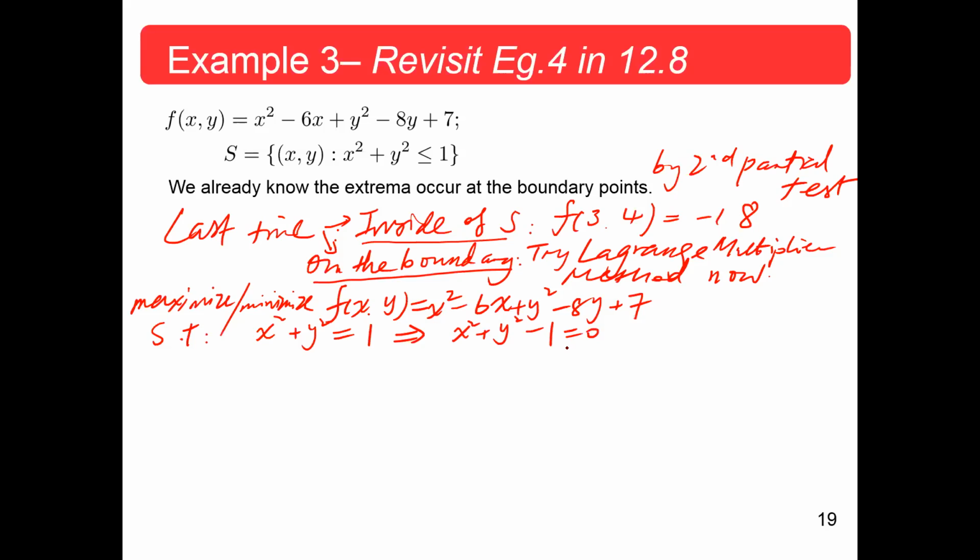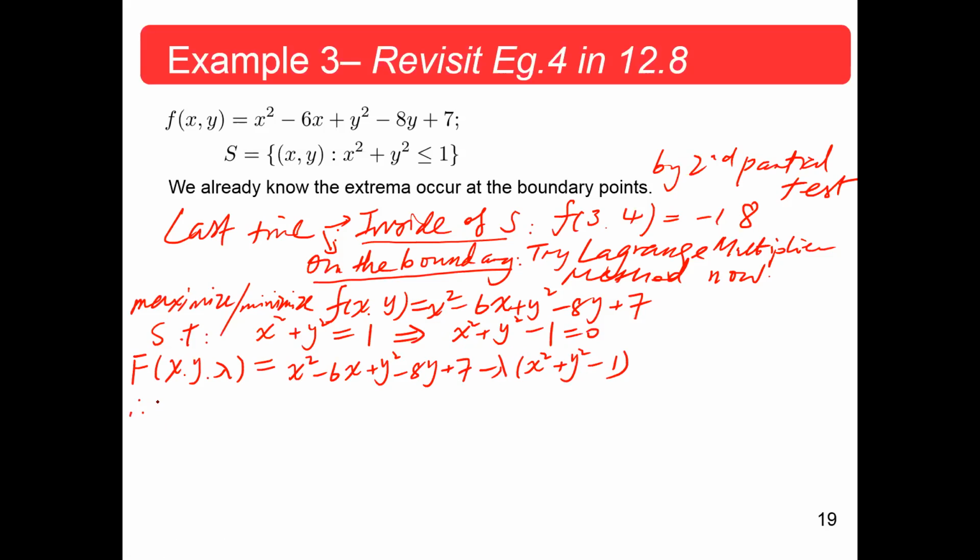Is that good? Okay, so if we use the Lagrange multiplier, we have F(x,y,lambda) equals x squared minus 6x plus y squared minus 8y plus 7 minus lambda times this constraint function, x squared plus y squared minus 1.